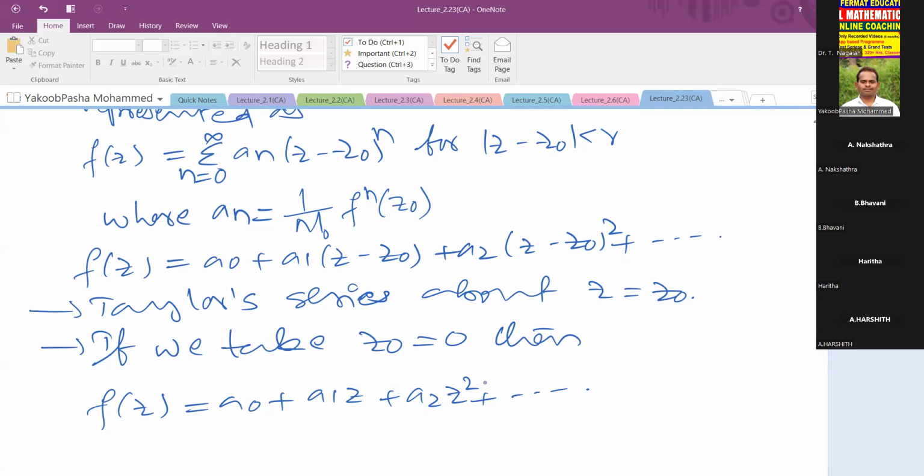This is called the Taylor series about the origin, and it is called Maclaurin series.